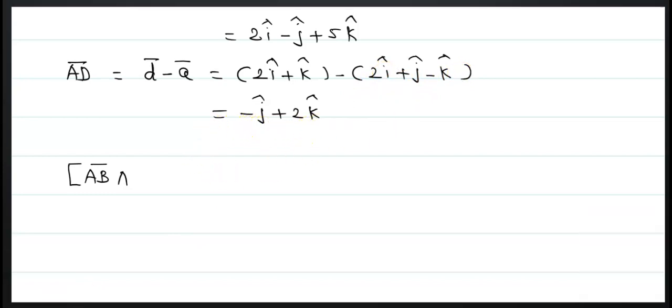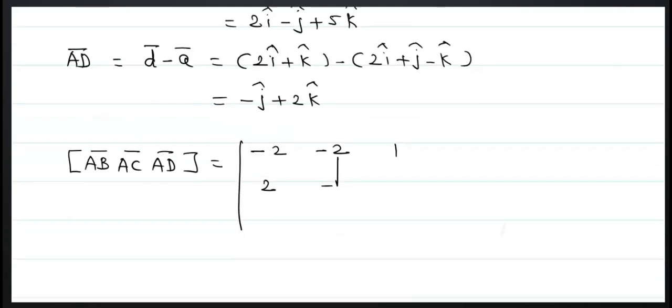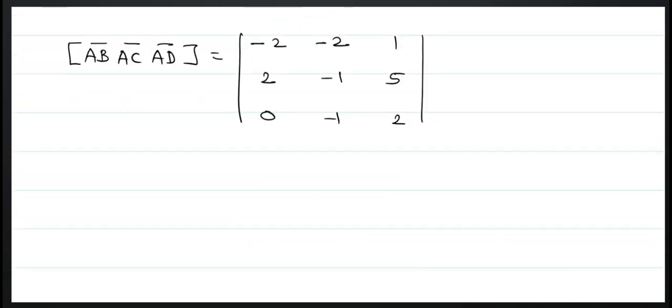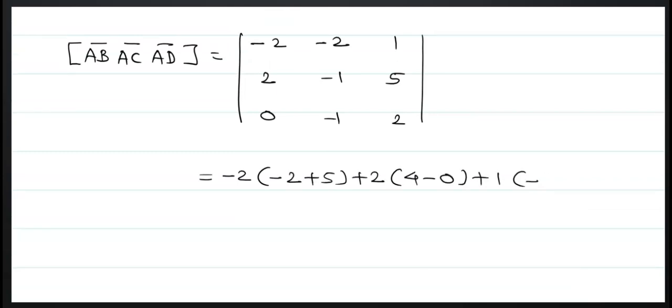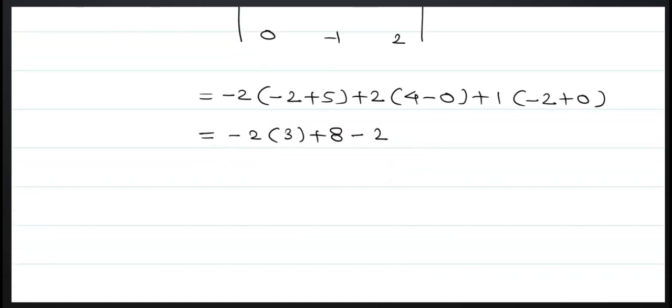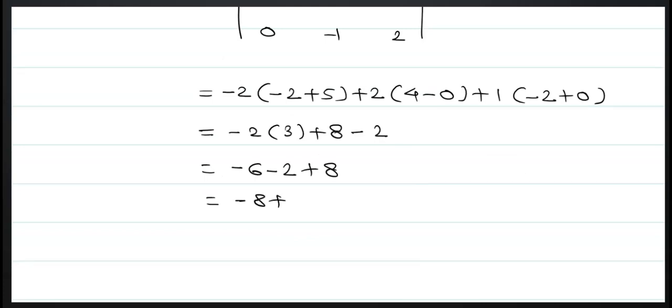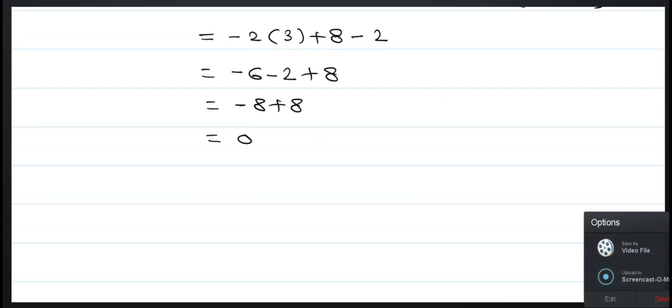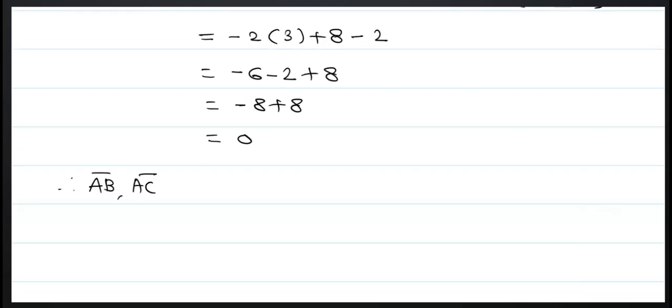Now we will form their box product, that is AB bar, AC bar and AD bar. That is the determinant 2 minus 2 1, 2 minus 1 5, 0 1 2, and evaluate it. It's a simple determinant. That is equal to 0, and hence the given points are coplanar.